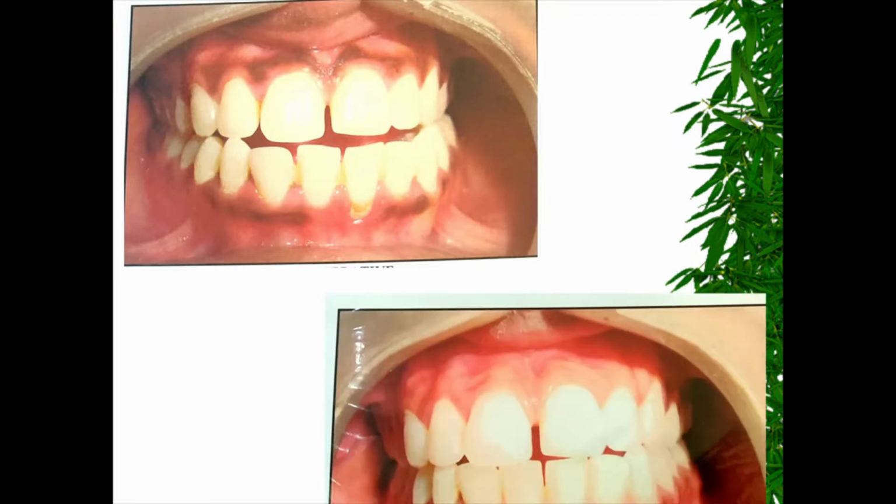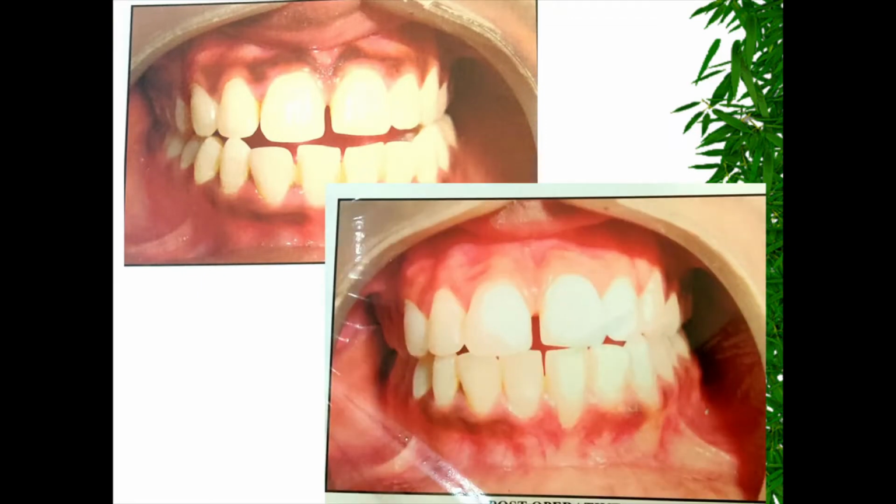Now let's have a comparison of these two pics. If we look over here, more pigmentation is there in the picture, and if we look at the picture given below on the screen, in the same patient we can see the pigmentation is not there. So which one is more aesthetic?